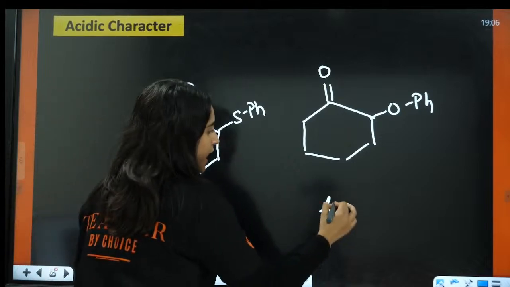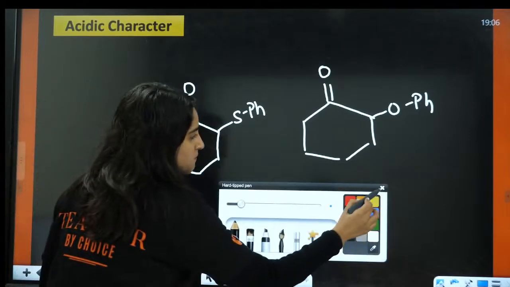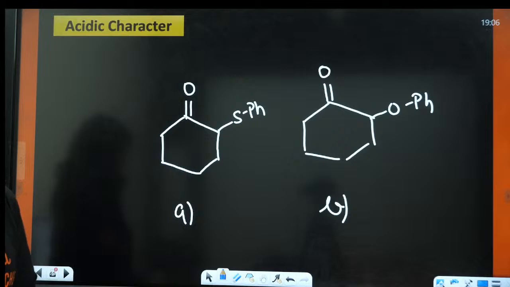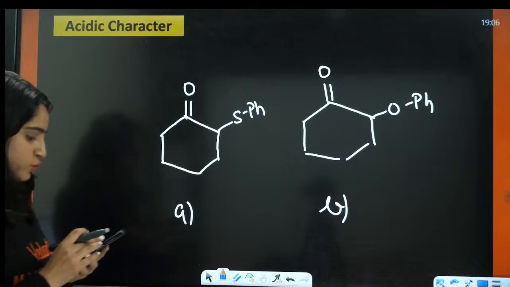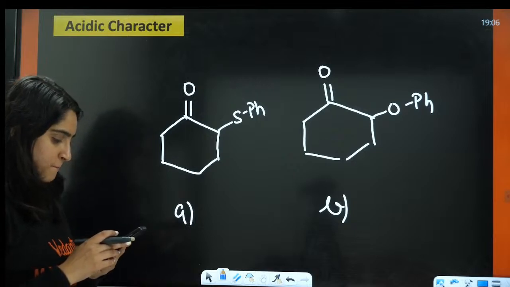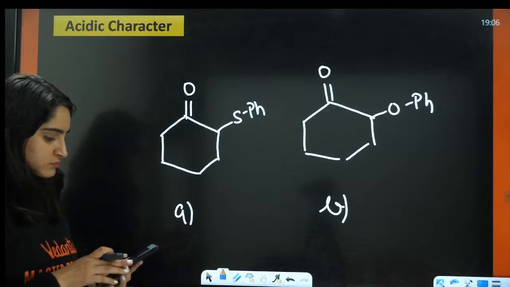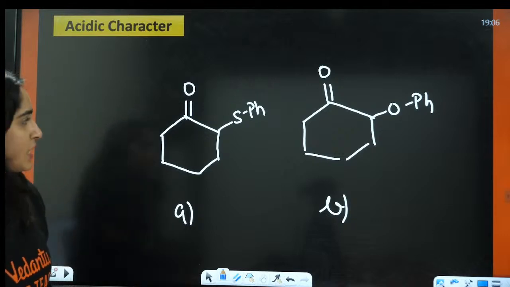This is A and this is B, right? Who is able to answer this? Tell me.